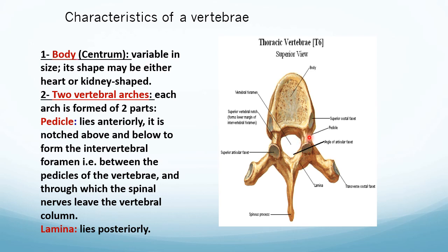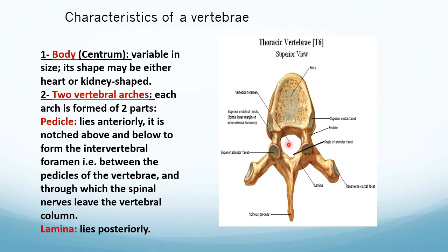The vertebral arch is formed of this part called the pedicle and this called the lamina. The two arches together with a part of the body form the vertebral foramen. The vertebral foramina together form the vertebral canal in which the spinal cord, vessels, and meninges pass.